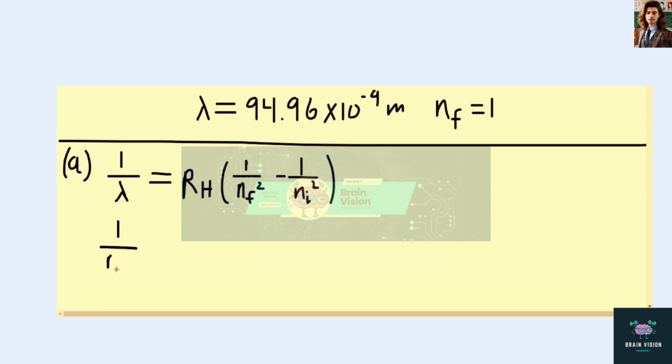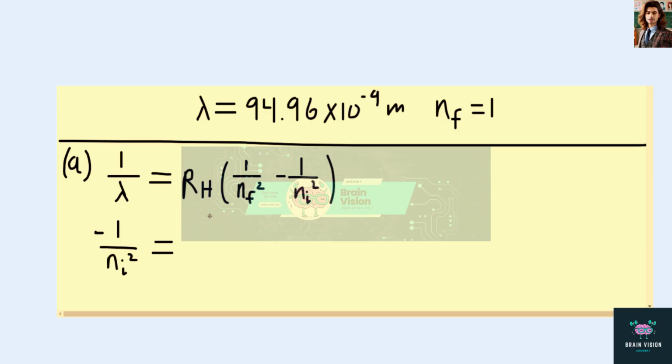So we have 1 over n sub i squared is equal to the first. We can divide both sides by R sub H, and then we can add or subtract 1 over n sub f squared to the other side of the equation and deal with that negative sign.